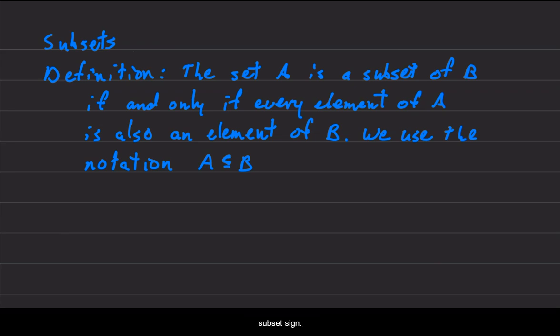So it's a subset, and then the straight line under it technically meaning subset or potentially equal to set B, to indicate that A is a subset of B.